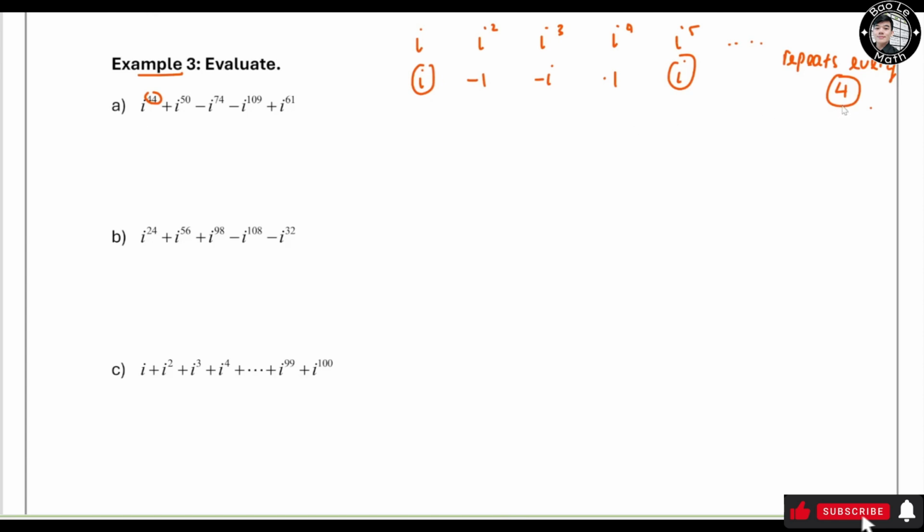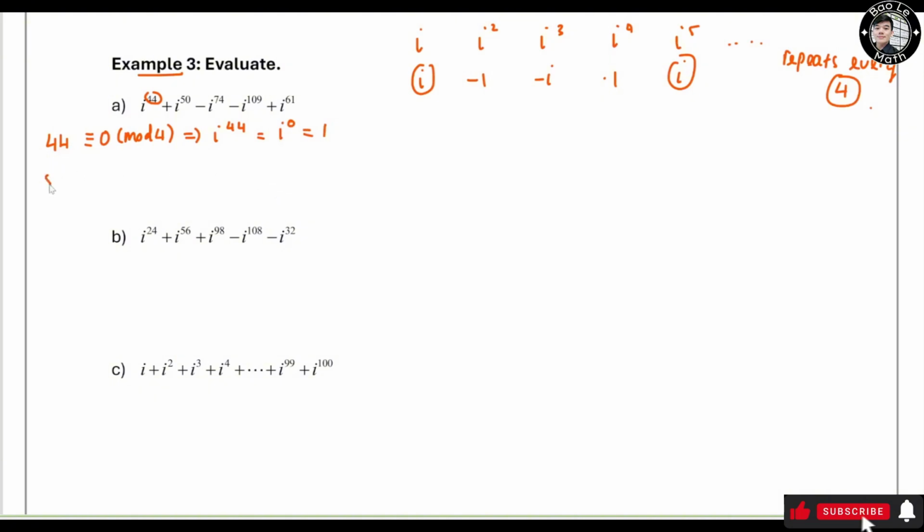It's going to be 11 and the remainder is 0, right? So 44 can be written as congruent to 0 mod 4, right? This tells us that 44 divided by 4, the remainder is 0, right? So i to the 44 is the same thing as i to the 0, which is 1, right?